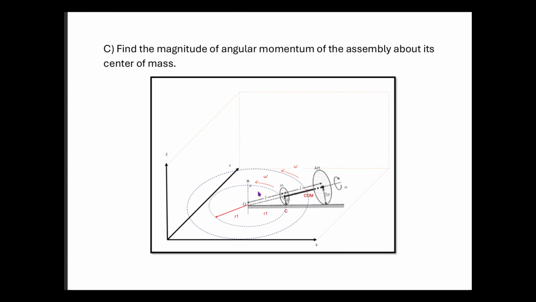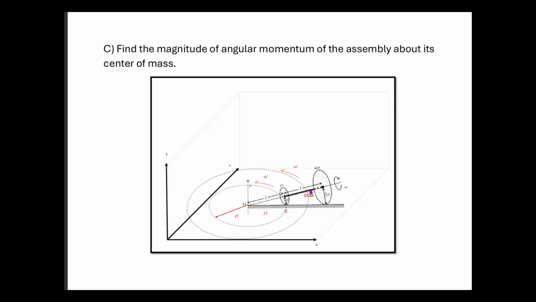When it comes to spin motion, definitely there will be an angular motion of the entire body with respect to the center of mass, because that is the axis around which it rotates. But when it comes to the orbital motion, the angular momentum of the rigid body about its center of mass will always be zero.